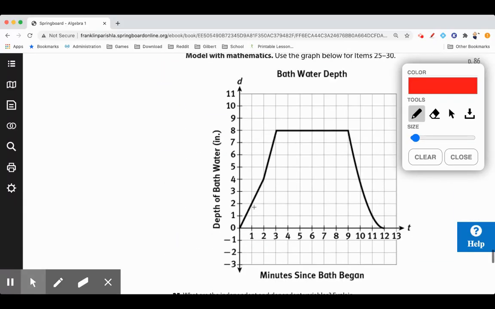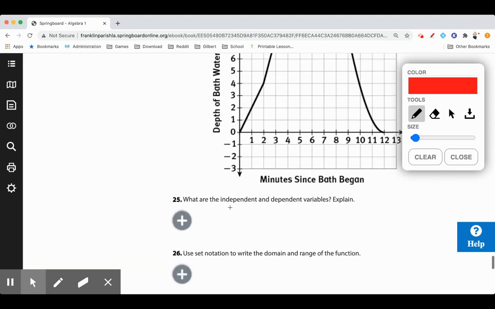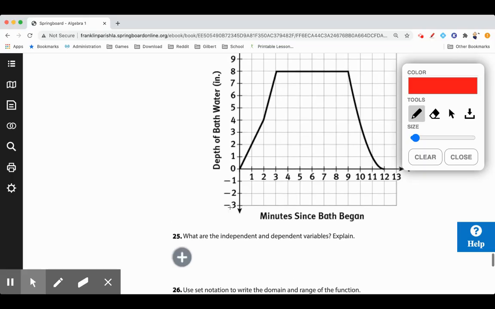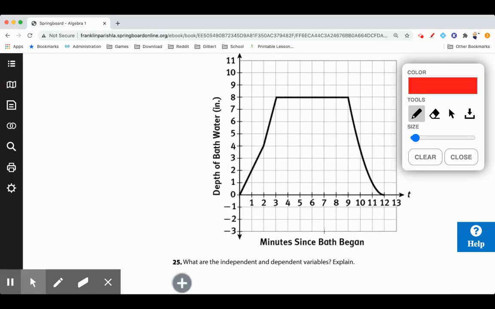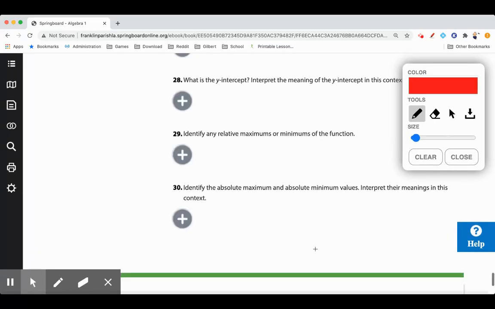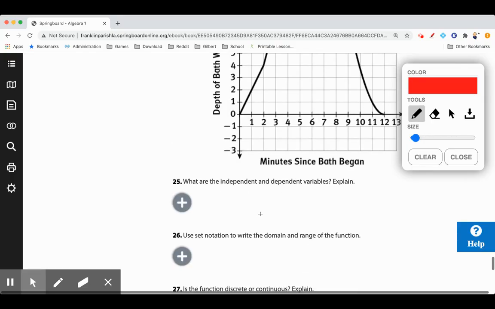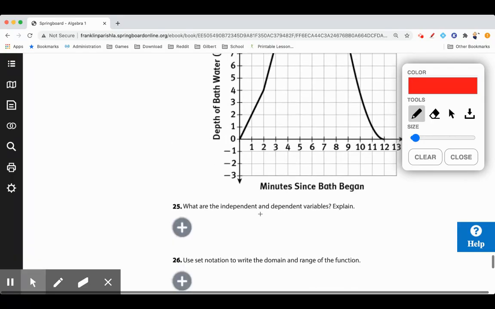over here, 6-1 practice 25 through 30, but it's just asking you to write the independent and dependent variables. Which of these is something that happens no matter what, and which one of them depends on what's been happening. Okay, usually in the same places as we've seen before. So, set notation to write the domain and range of the function.